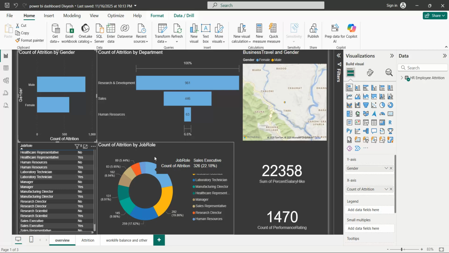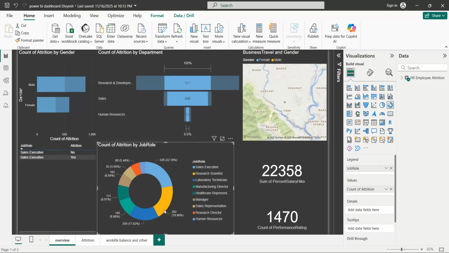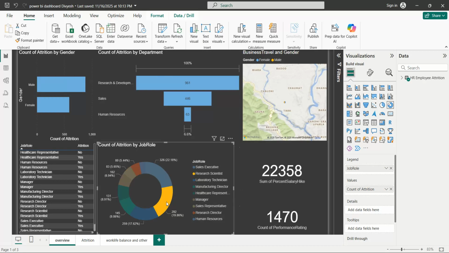This donut chart shows which job roles experience the highest attrition. Sales executives and research scientists contribute the most. This is the sales executive and this is the research scientist.